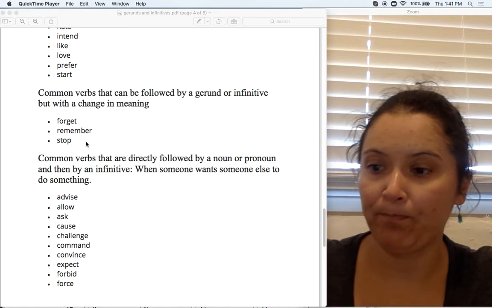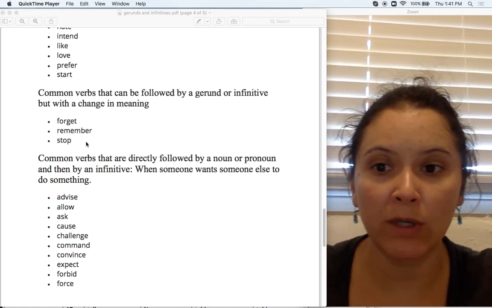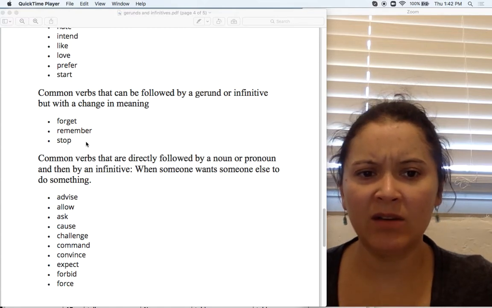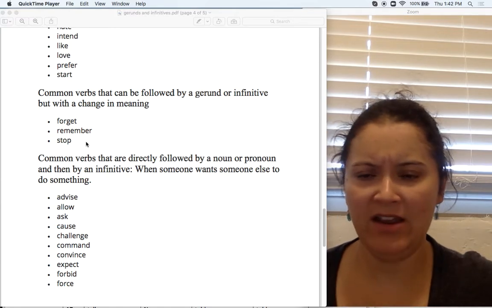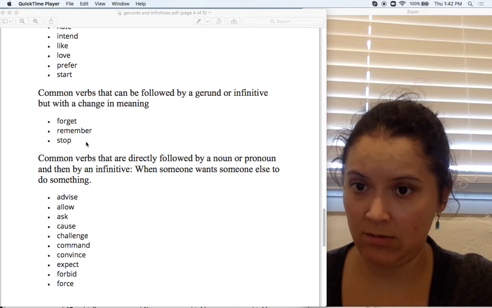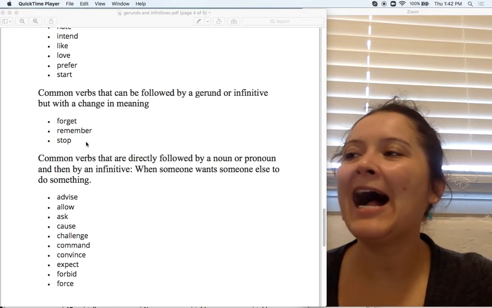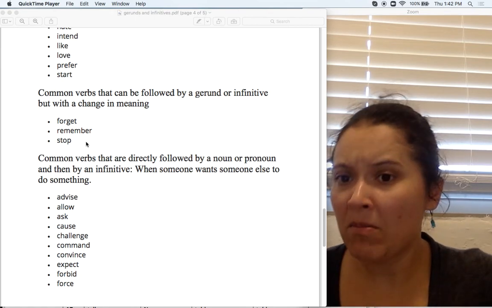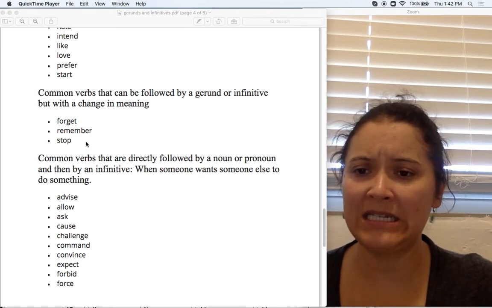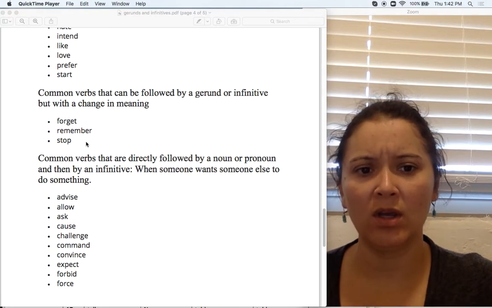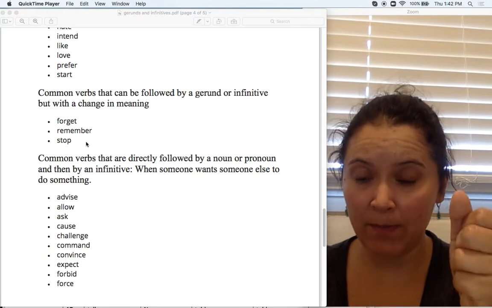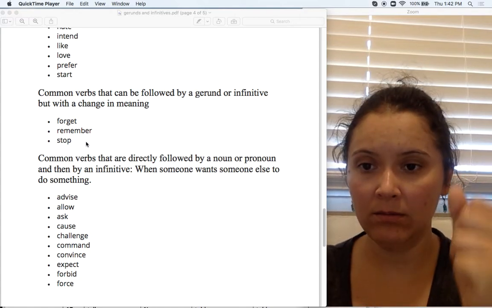So I could say, I stopped to write. Let's say that I'm going to Disney World and I'm really hungry. It's 4 hours. It's a long drive. And I started driving at 6 a.m. and now it's 9 and I'm really hungry and I know I'm almost at Disney World, but I want food. So I could say I stopped driving.